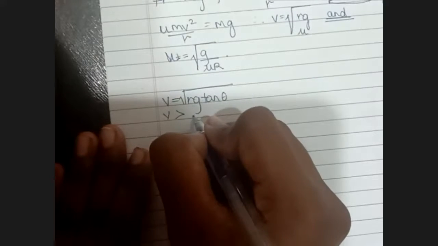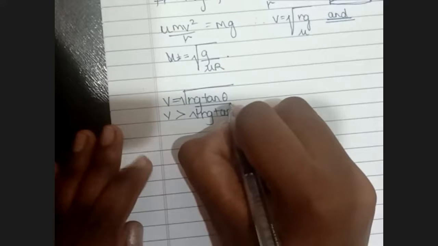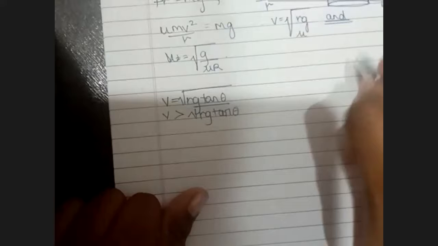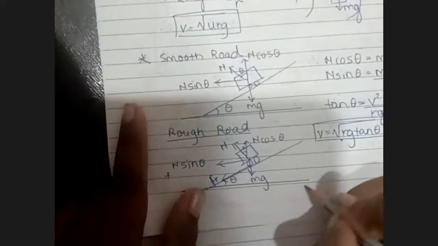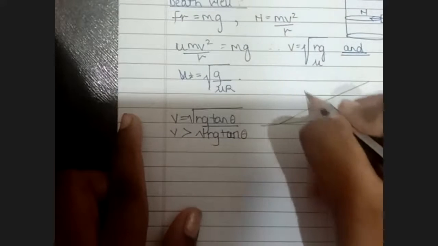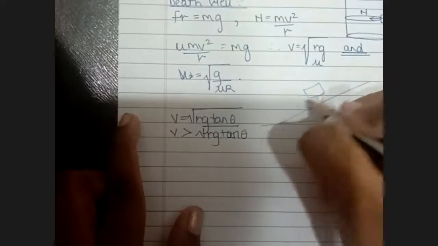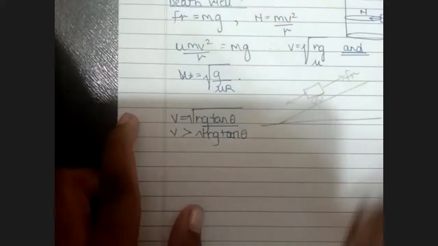But if V is smaller than root Rg tan theta, then the car will slip downwards, so friction will act outwards.